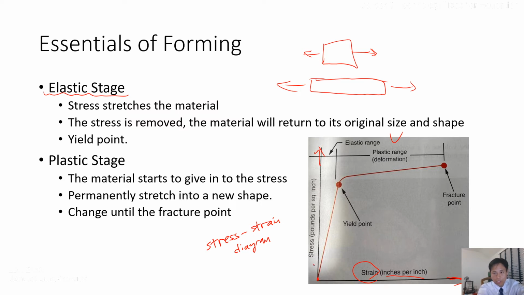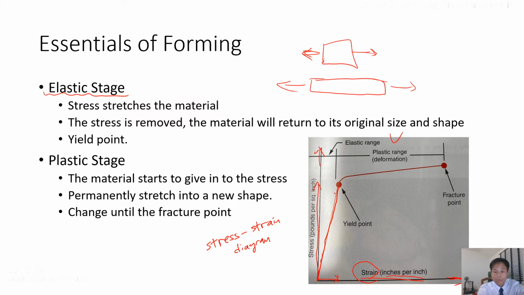Once we stretch the object, it changes its shape like this. With the stress, it changes shape, which is the strain. This amount of the object changed while putting in this amount of stress.